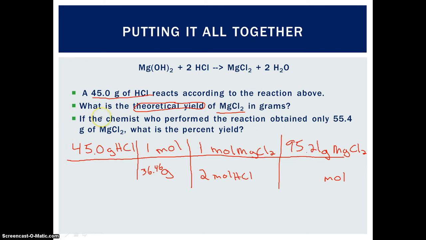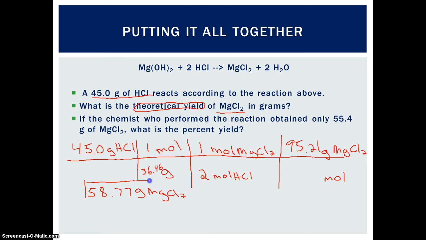So now I want to plug this in. 45 divided by 36.46 times 1 divided by 2 times 95.21. And what I end up with is 58.77 grams of magnesium chloride.